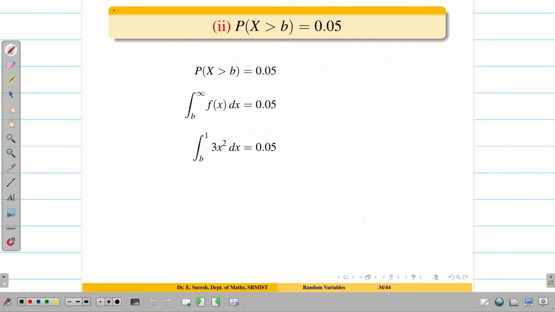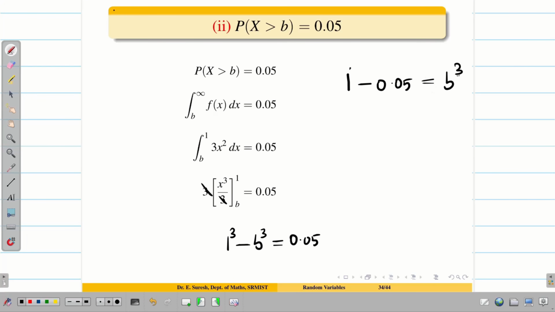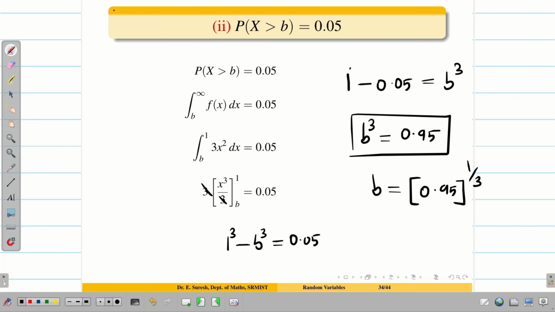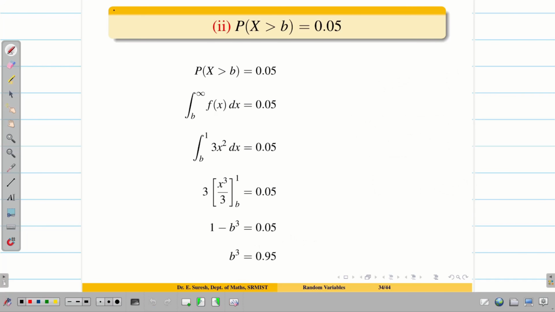Now integrating this, we get 3 into x cube by 3. Cancelling this 3 and substituting the upper and lower limits, we get 1 cube minus b cube is equal to 0.05. So 1 cube is 1, minus 0.05, taking it to the left-hand side, is equal to b cube. Therefore, b cube is equal to 0.95. b is equal to 0.95 whole power 1 by 3. I am just taking cube root on both sides. Therefore, we found the value of b.